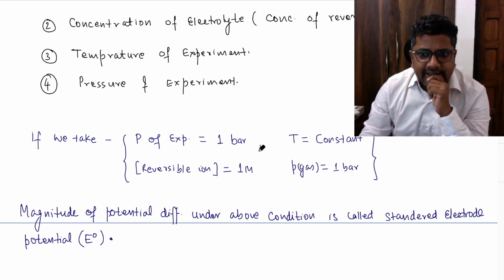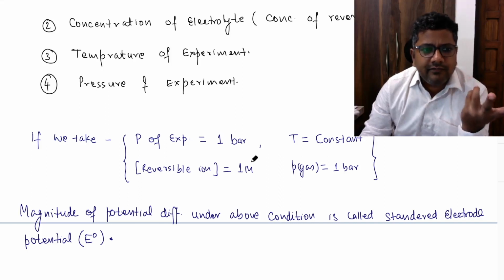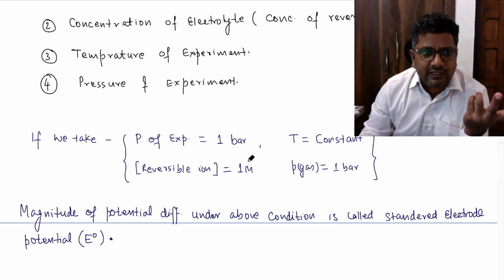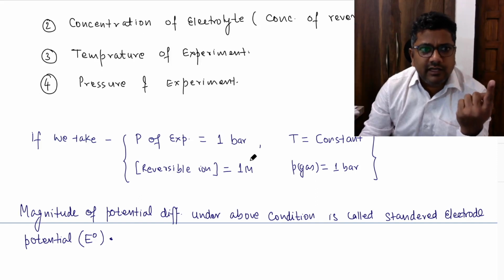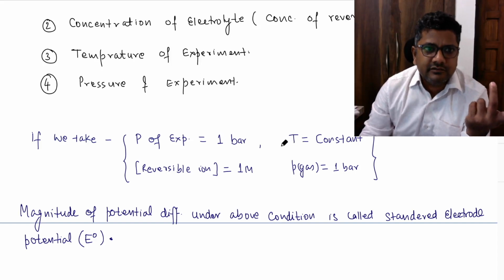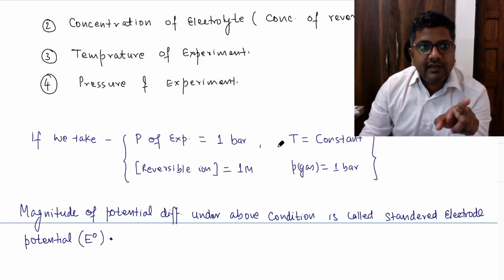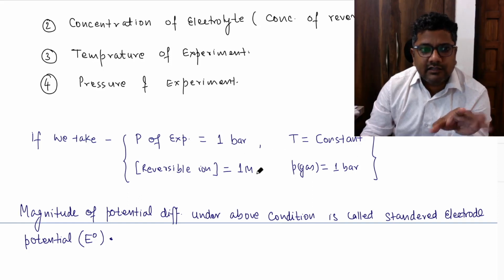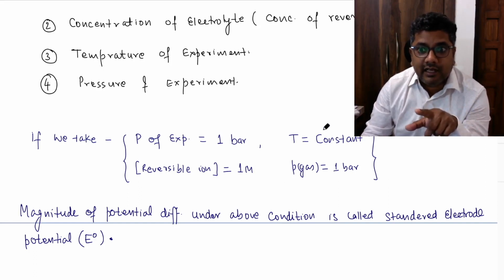So you can say that for any given electrode, we may have 2 different values of E naught. The answer is yes. Don't say that only one value exists for E naught. E naught may have different values at different temperatures. But every value is said to be standard electrode potential if pressure is 1 bar and all other features are the same. In every case I have written 1, 1, 1, but here I have not written 298 Kelvin. I have written constant.